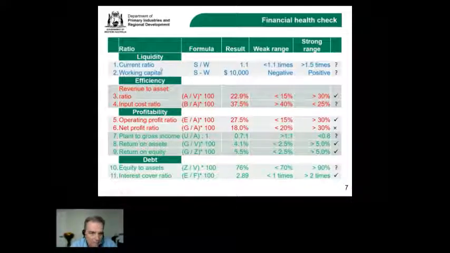And we've got a sample of 11 ratios. There's a lot more than 11 financial benchmarks or ratios. We've tried to zero in on some of the main ones. And we've color-coded them in blue in terms of short-term focus, red in terms of medium term, and green in terms of long term.